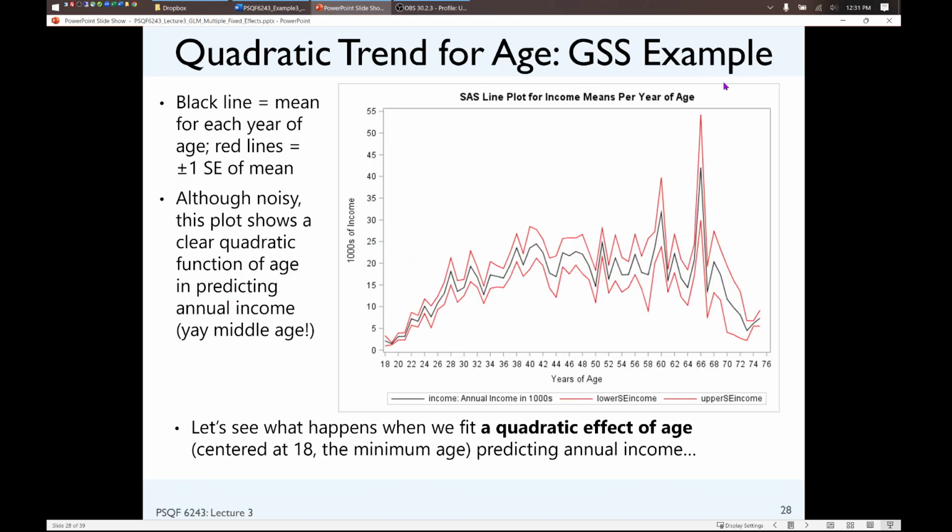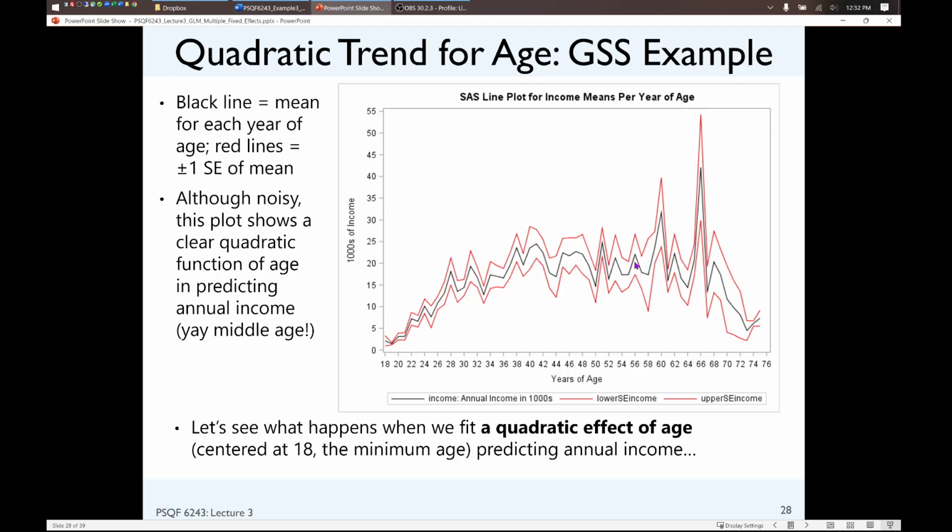In the GSS example data, we are going to be looking at predicting income in thousands of dollars still from chronological years of age. And to build this picture, I used SAS, and I computed the mean income at every unique value of age. It's treated as an integer value in this data set. And those means are plotted by this black line, along with one standard error above the mean and one standard error below the mean.